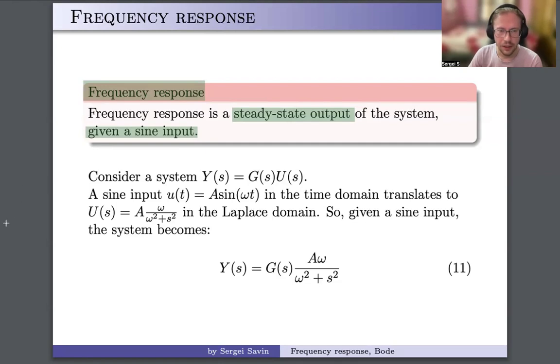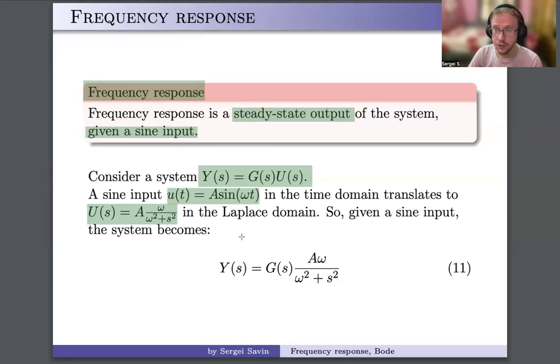Now, let us consider this system here. Y of s equal G of s times U of s, right? If u in the time domain is a times sine of omega t, then in Laplace domain U is equal to a times omega divided by omega squared plus s squared, as we saw on the previous slide.